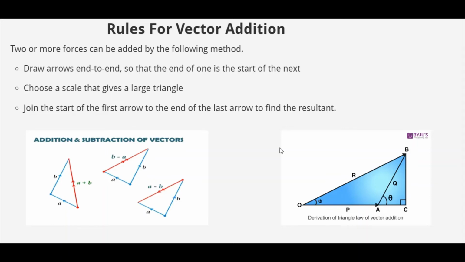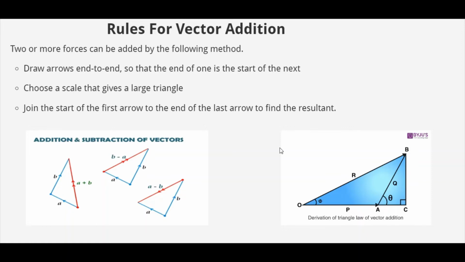Looking at the figures on the left, where we have addition and subtraction of vectors, for the addition, you will see that vector A and vector B all move along the same direction. Where A stops is where B begins, such that their vectors are added together.